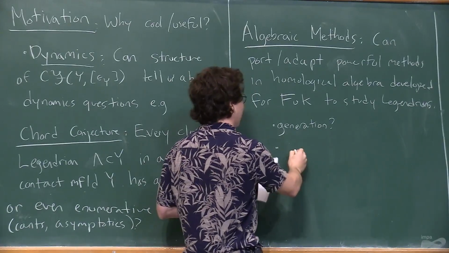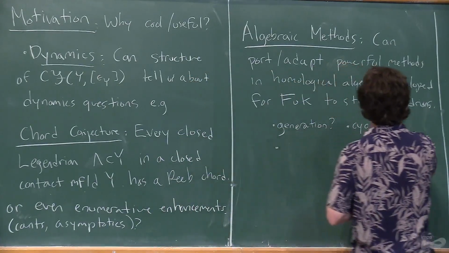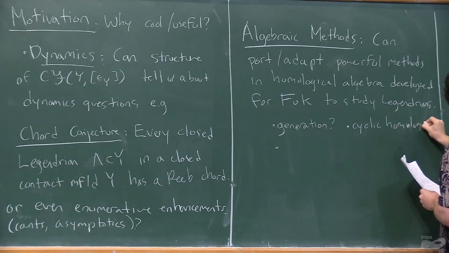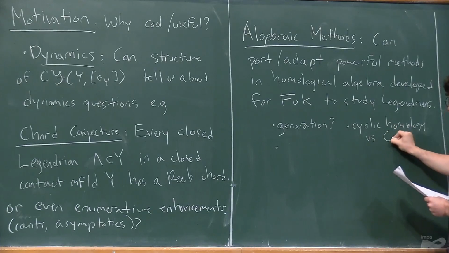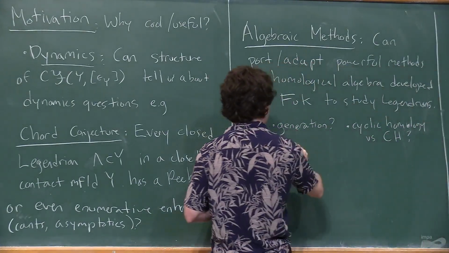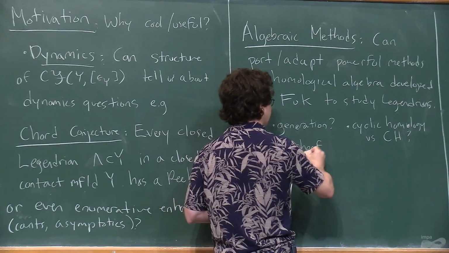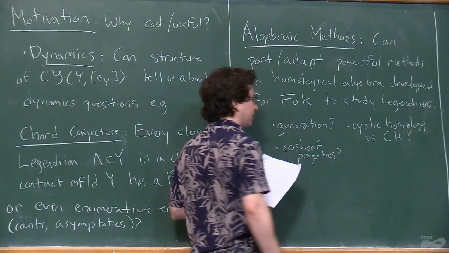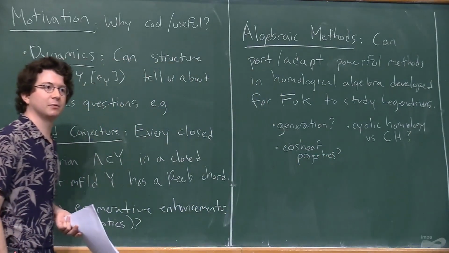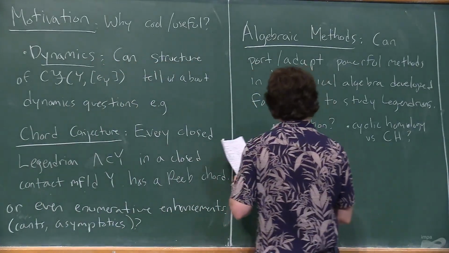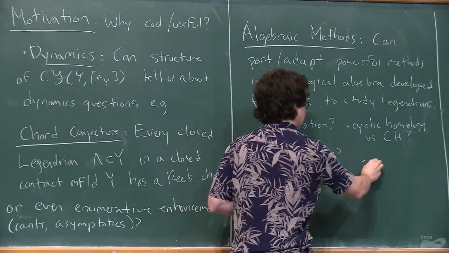You can ask what the relation of its cyclic homology with contact homology is. You could ask, does this thing have any Cauchy properties? That's a particularly cool question, because maybe it would help with the problem of calculating these invariants. And then there are lots of other kinds of questions in this direction.